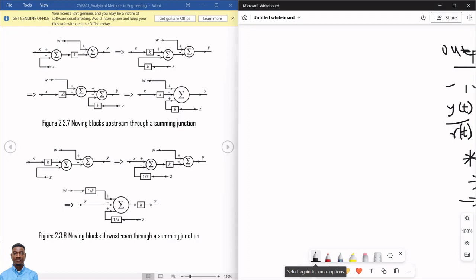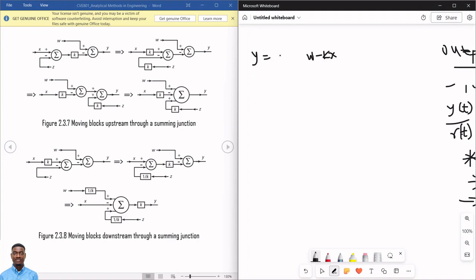So that will be W minus KX on this line, right? W minus KX plus ZK equals Y.